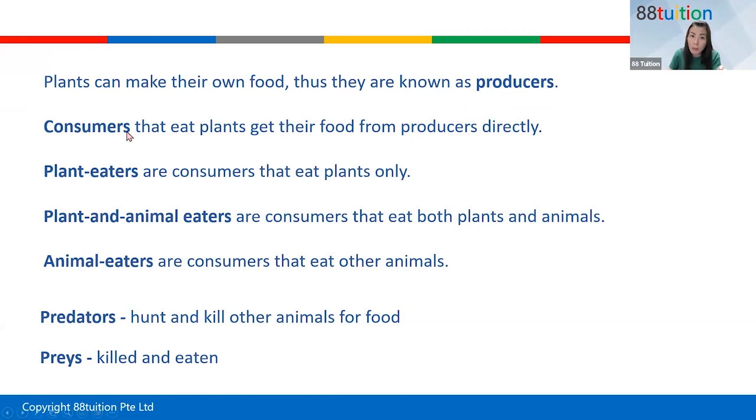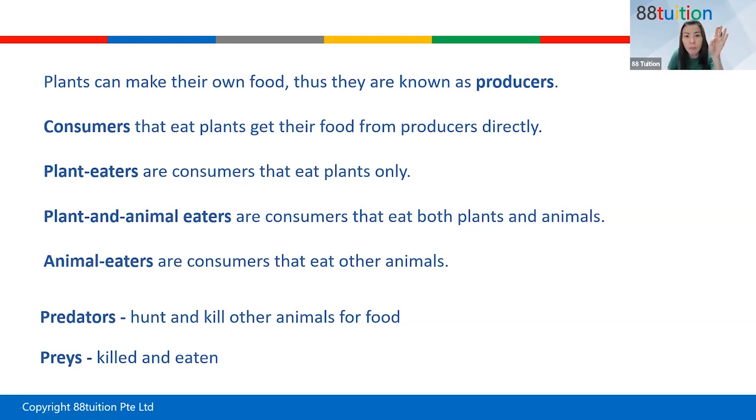Excess food is stored in the plant. Then consumer. The animals that eat the plants will be known as consumers, so they get the food from the producers directly. Plant eaters are the consumers that eat plants only. How many of you here are vegetarian?